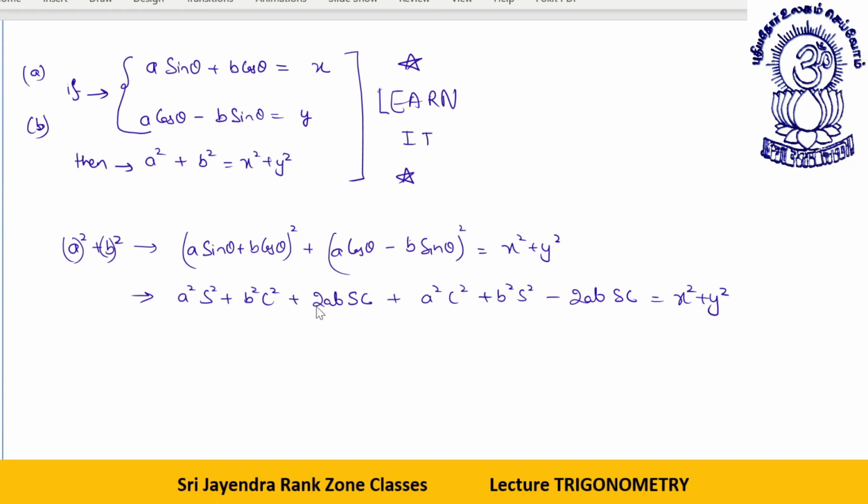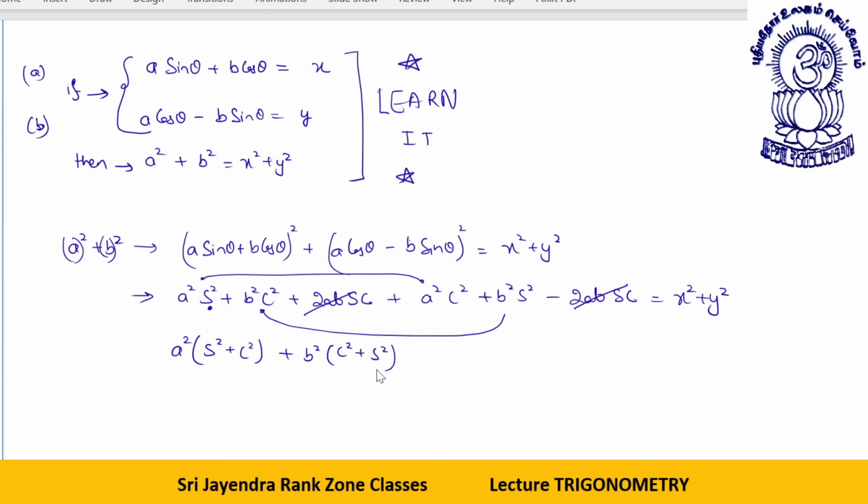The 2ab sine cos and minus 2ab sine cos cancel. You get a square sine square plus a square cos square, then b square cos square plus b square sine square, is equal to x square plus y square.